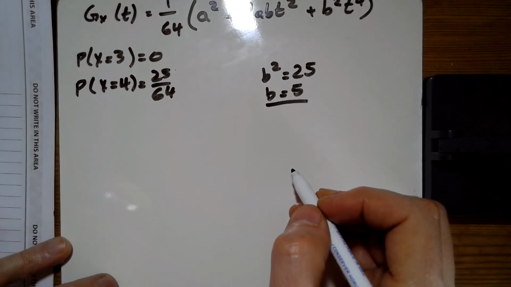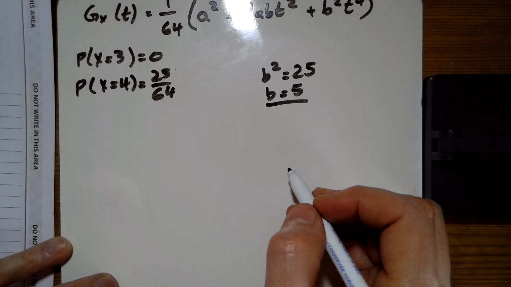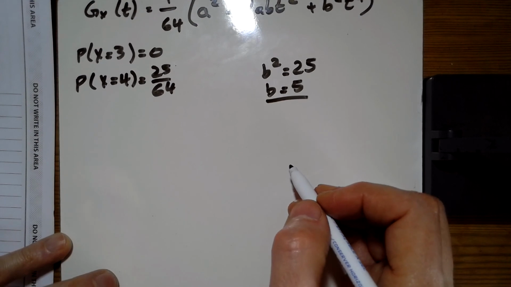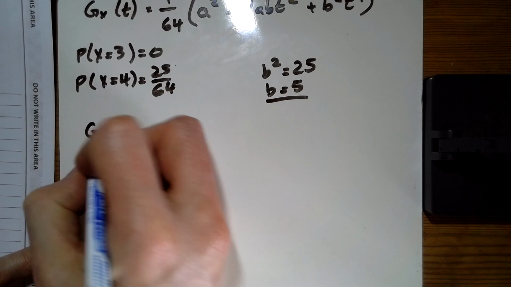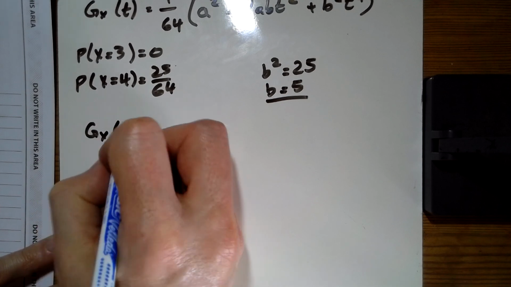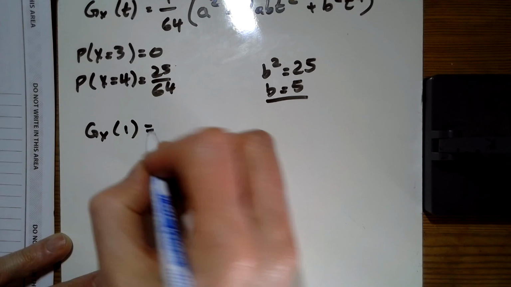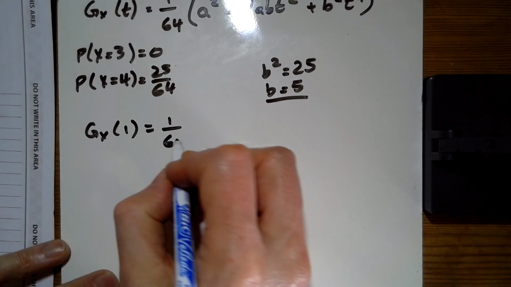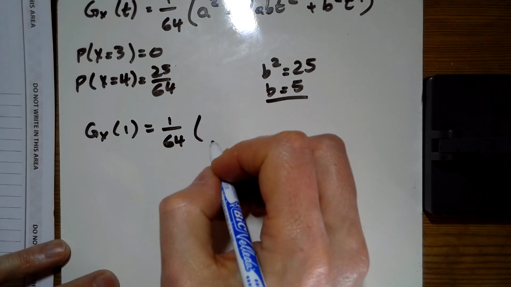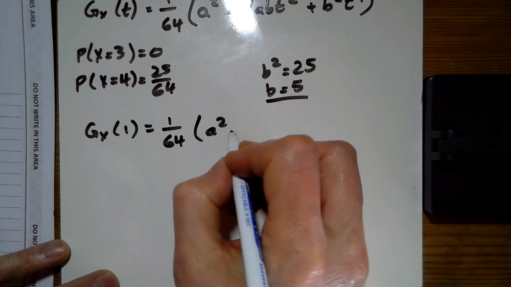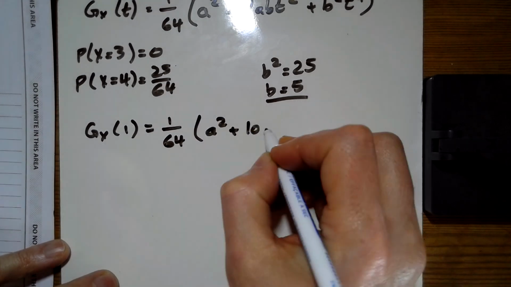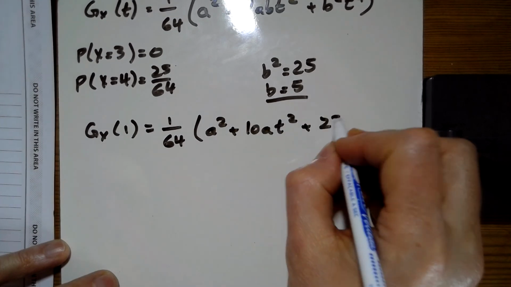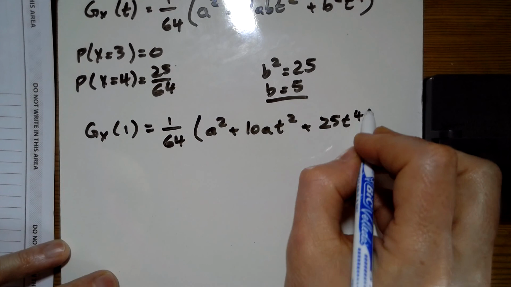That wasn't too bad. Now I want to know what a is as well. I reckon if we just put 1 into all of this, because we've just got the one unknown now, haven't we? So that is a squared plus 10a t squared plus 25t to the 4.